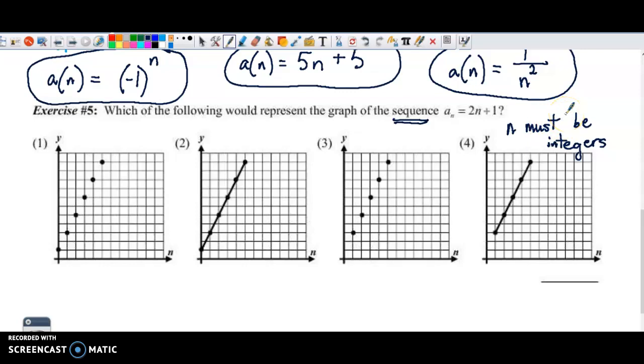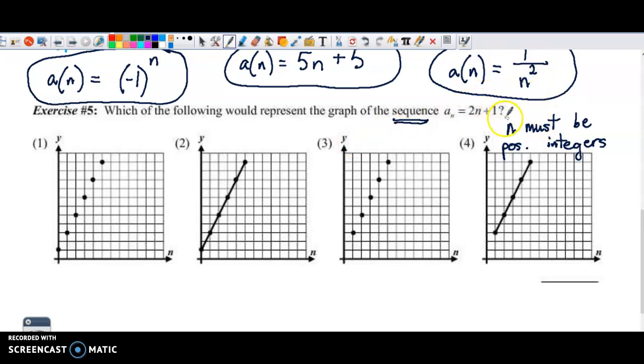It's okay if we start with 0, but for the most part we want to start with 1. So maybe instead of saying integers, how about positive integers? Now, depending on your teacher, some teachers start with n equals 0. Usually when that happens, they'll tell you.